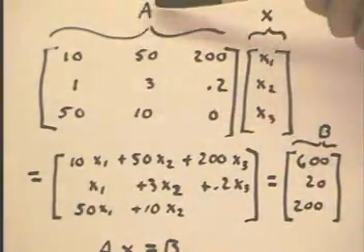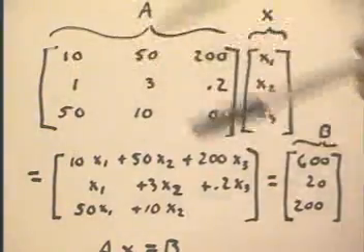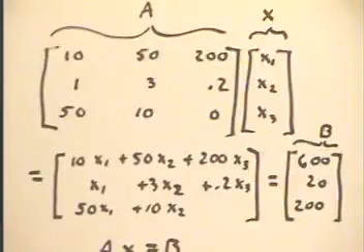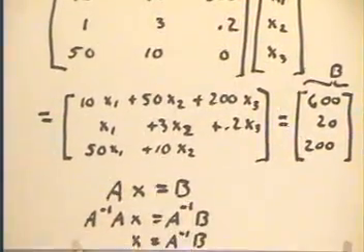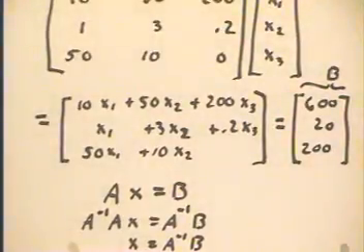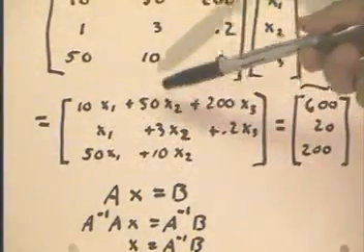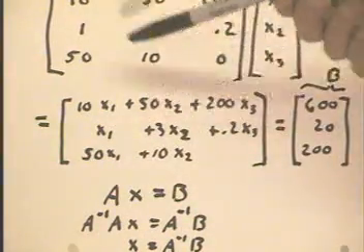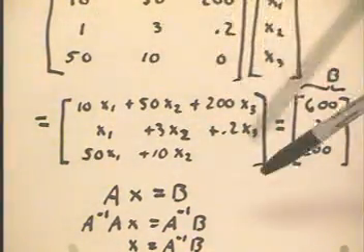Now if we call this matrix A our coefficient matrix, and we call this matrix X, then we have a matrix equation which we could represent by A times X equals B. So this matrix here is just the A matrix times the X matrix. AX, that's this one, that's this times this, equals B.